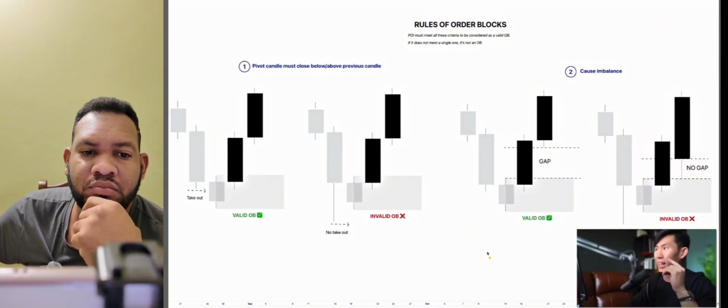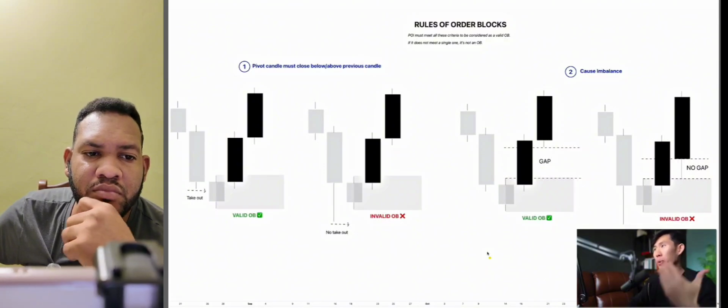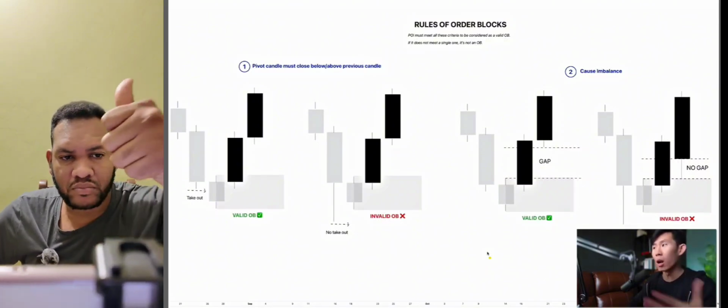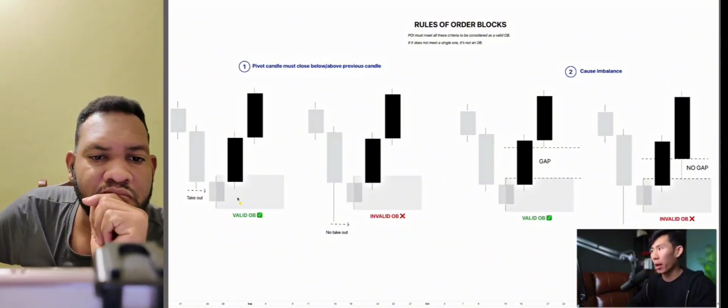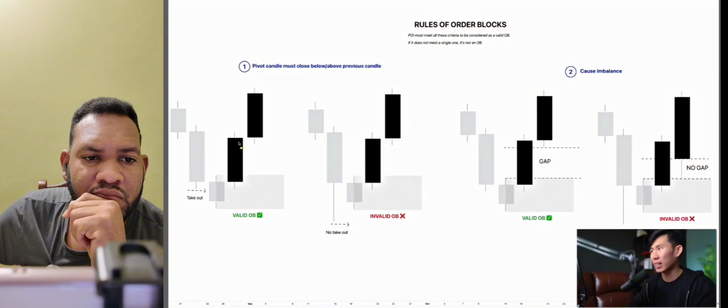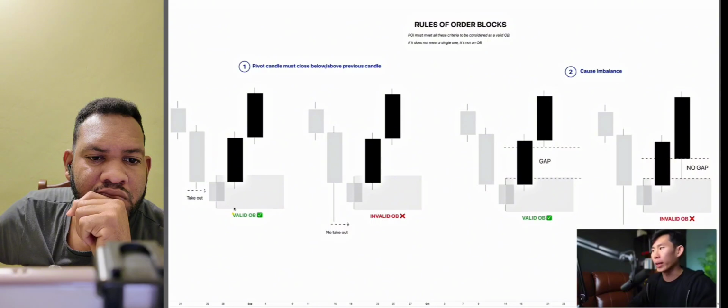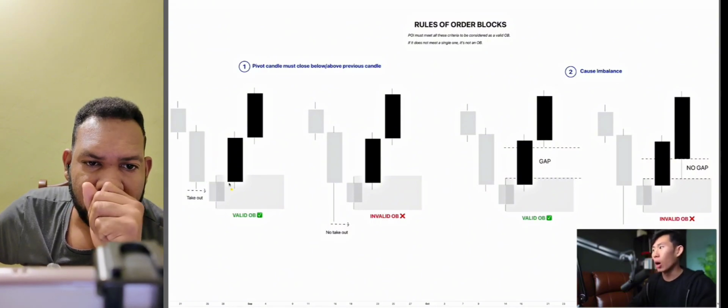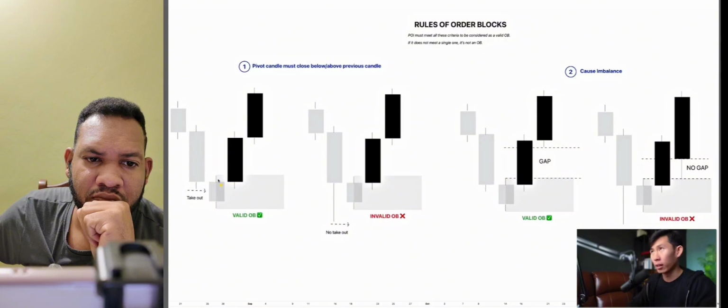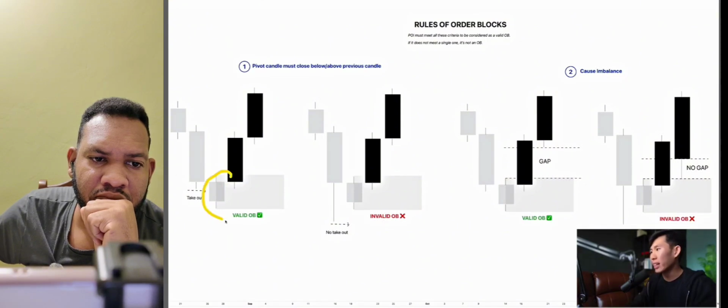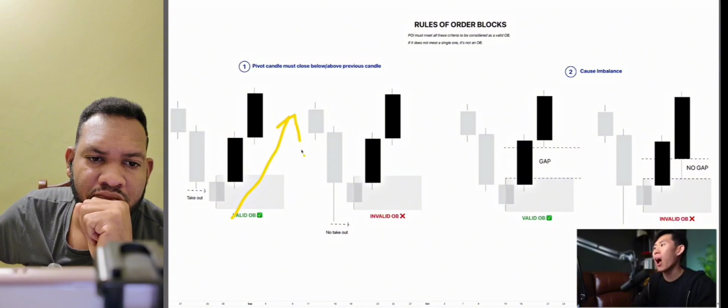So the first rule is that the pivot candle must close below or above the previous candle. After identifying a sharp and substantial upward movement just like this, we are able to identify that this is the pivot candle where we can draw the order block. Now, knowing that this is the pivot candle, you need to ensure that it closes below the previous candle, because this indicates that institutional buyers are stepping in, absorbing sell orders and preparing to push price higher.